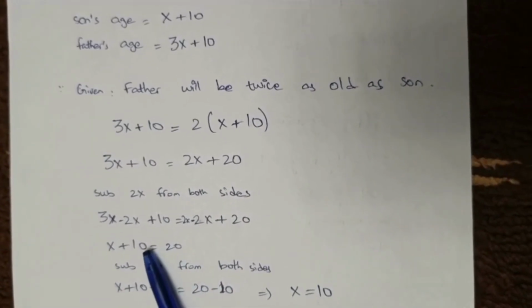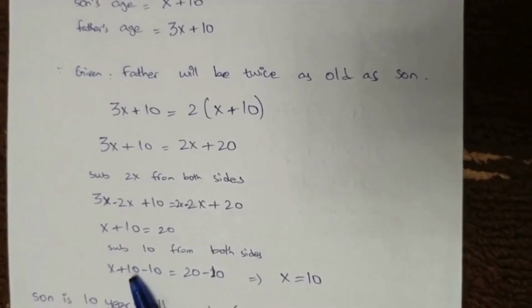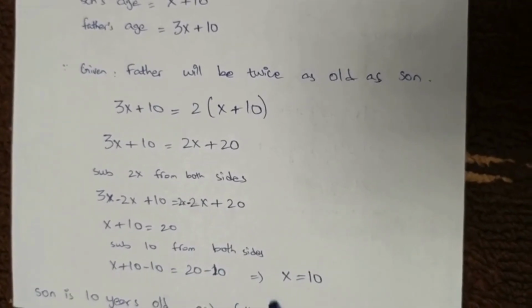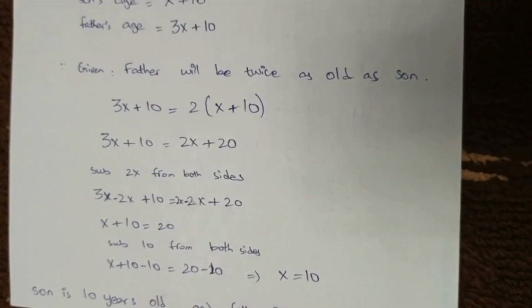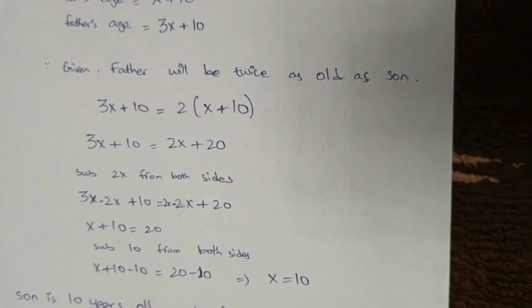Now we get rid of 10 over here, so we subtract 10 from both sides. x plus 10 minus 10 is equal to 20 minus 10. So x is equal to 10. We got our first variable, that is x.